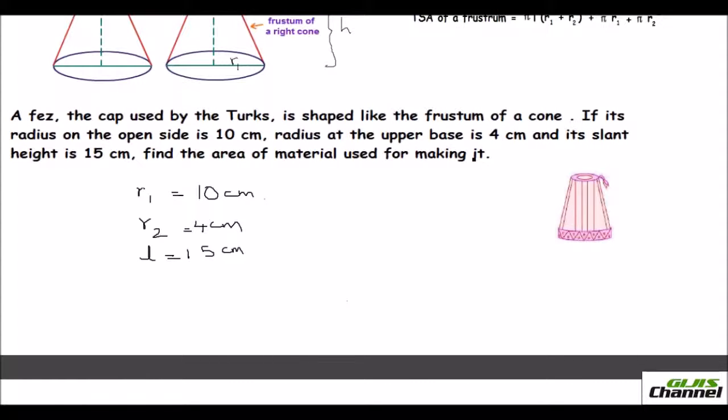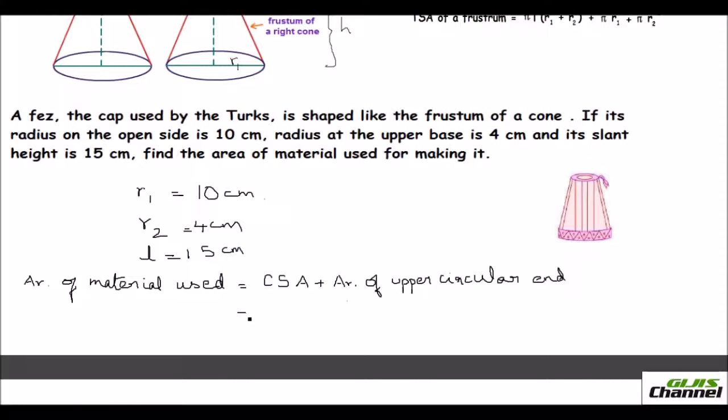You need to find the CSA, the curved surface area of this cap, and you need to cover the top portion, so you take the area of the upper circular end alone. So the area of material used will be the CSA plus the area of the upper circular end.